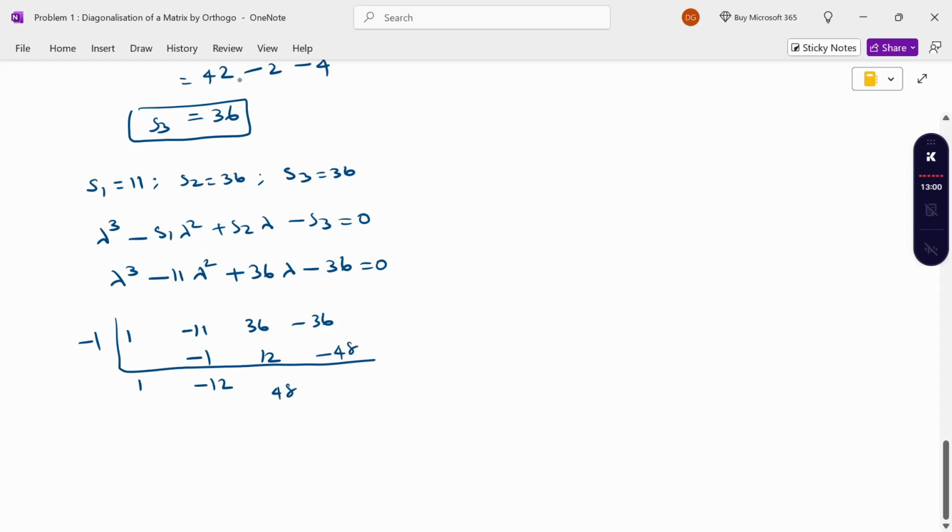Again it's not 0, therefore take another number. I tried 1 and minus 1, then I'm going to try 2 here. Taking 2, then 1 into 2 is 2, this is a minus 9, and then minus 18, so this is plus 18, 36, 0.